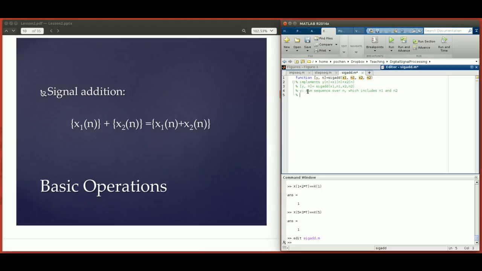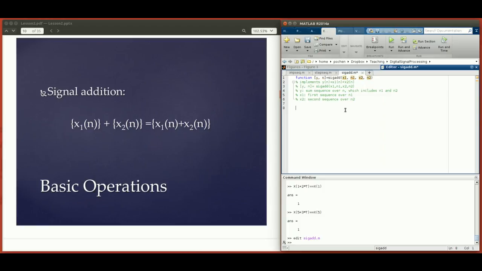So what I require is that n, the horizontal axis of the output sequence, should contain both n1 and n2. So n1 and n2 should be just subsets of n. And then x1, the first sequence over n1, and x2, the second sequence over n2. That's going to be in my comment lines.